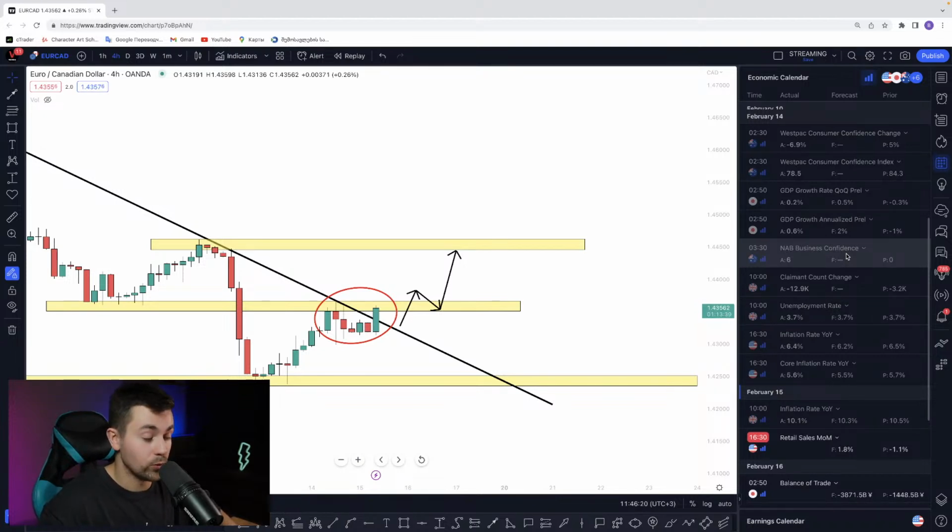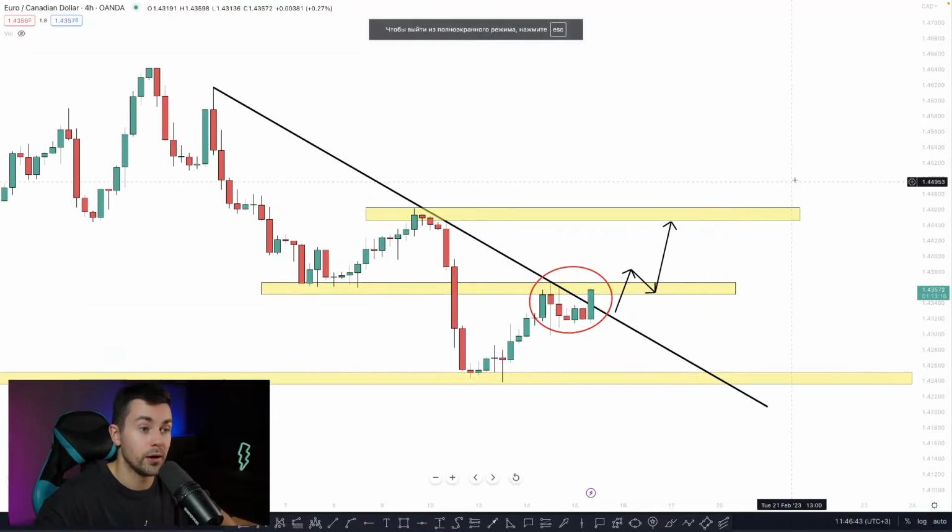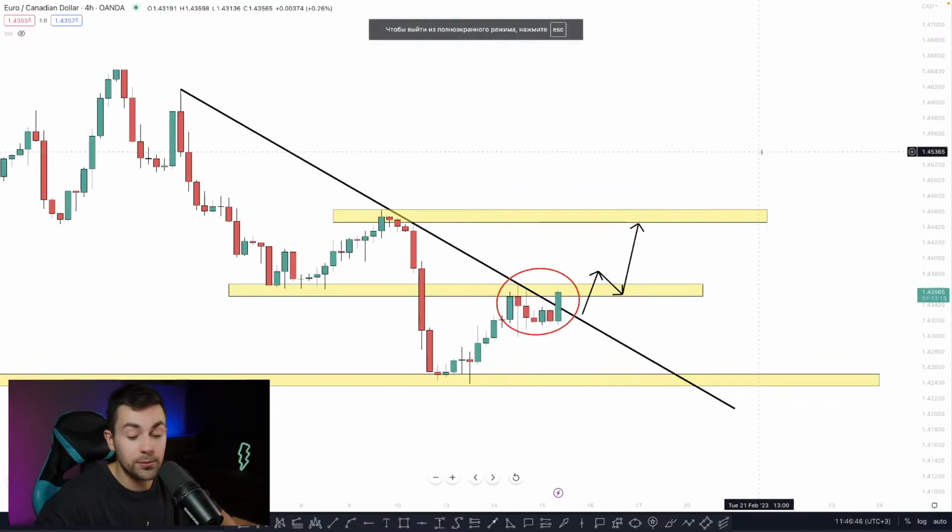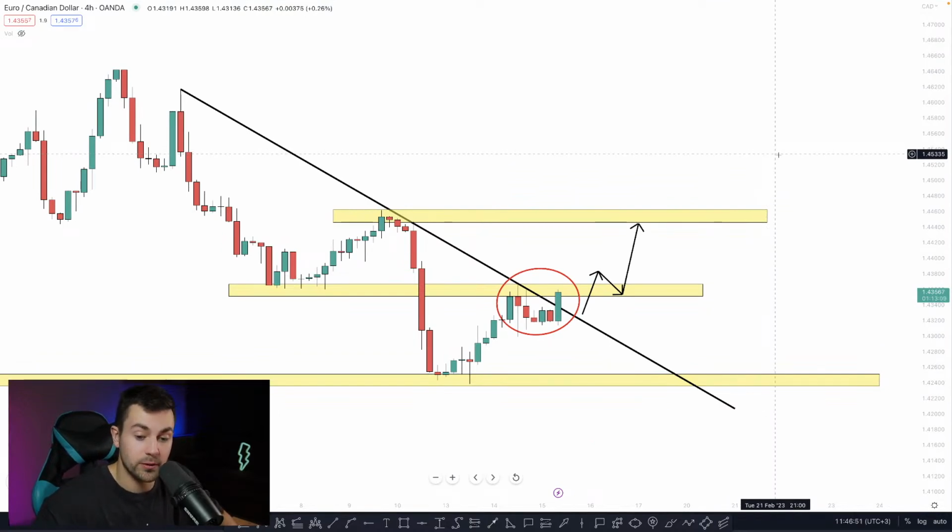So usually when the market is calm, when the market is indecisive, the economic calendar helps us to spot the moment where to expect the volatility, right? But the news in the economic calendar does not affect my decision making. I rely on technicals, and I strongly believe that for day trading, technicals are more important than the fundamentals.